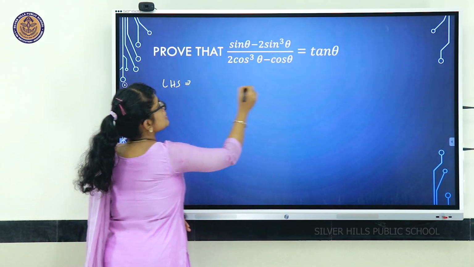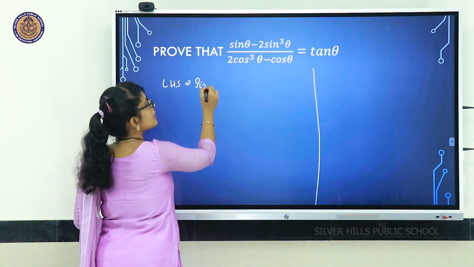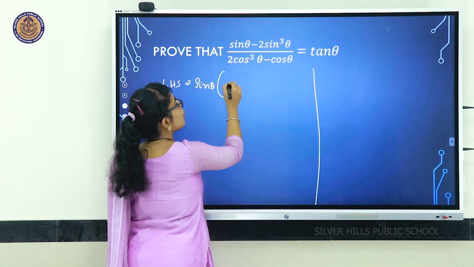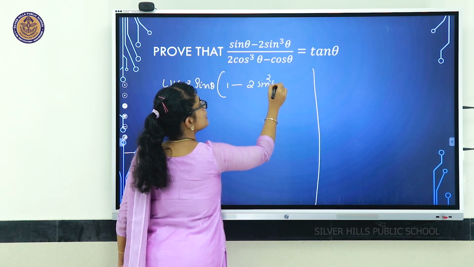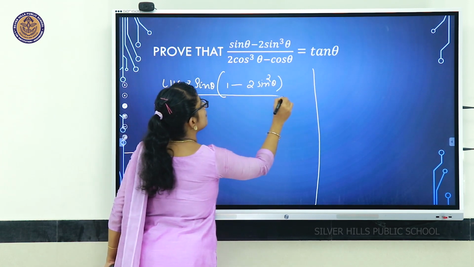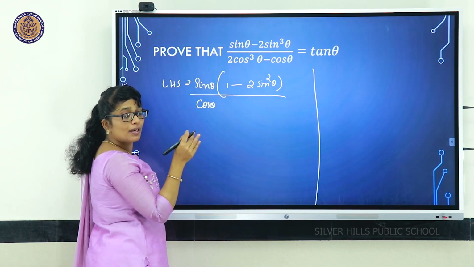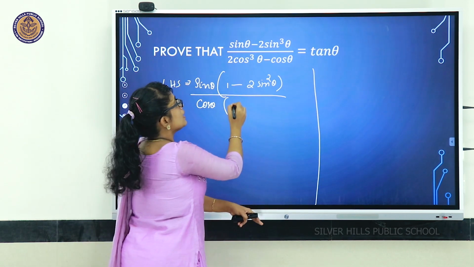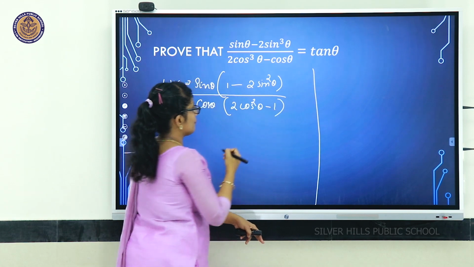Then sin theta we can take outside, because sin theta is common. Then 1 minus 2 sin square theta, divided by cos theta in the denominator, which is common, then 2 cos square theta minus 1.